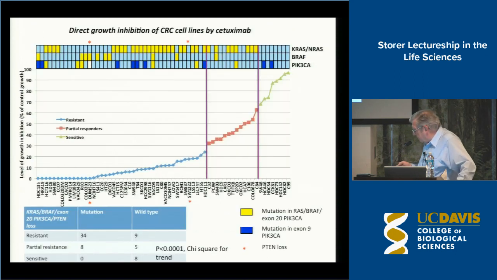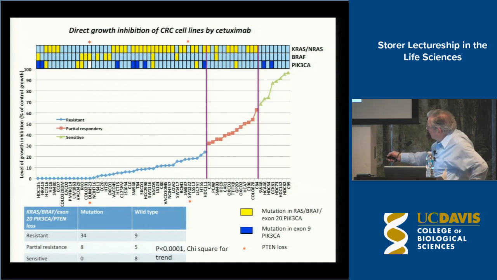So what are the data then that relate to the response to cetuximab? What we're plotting here is the percent of control growth that's still there, so that's the level of growth inhibition, I should say. So these are completely resistant, getting up to a bit more resistant, more resistant at an intermediate level, and these are the sensitive.